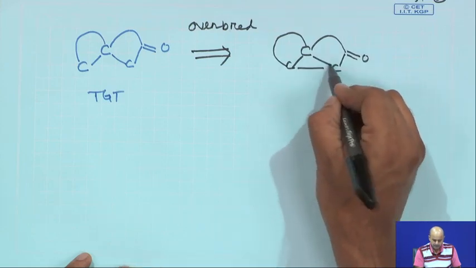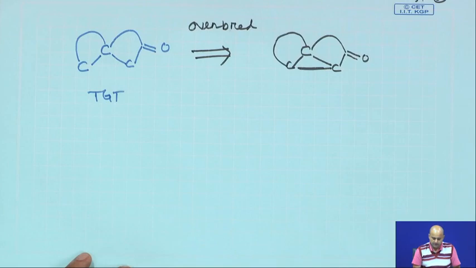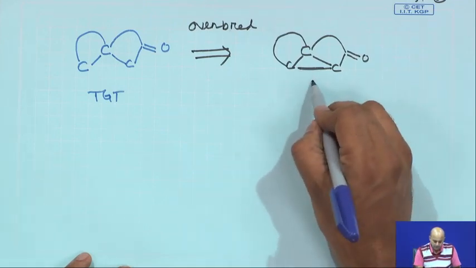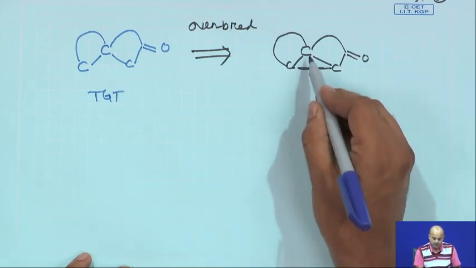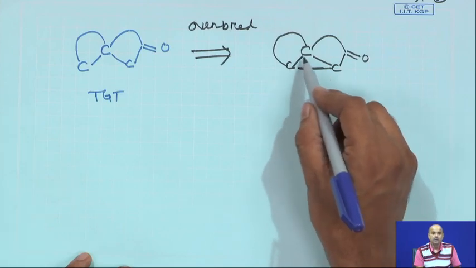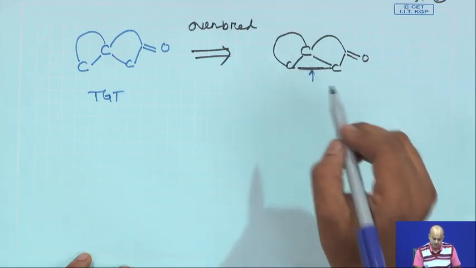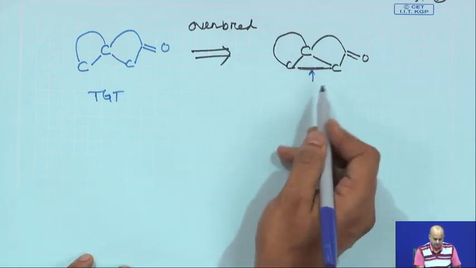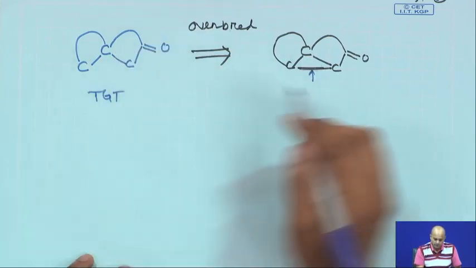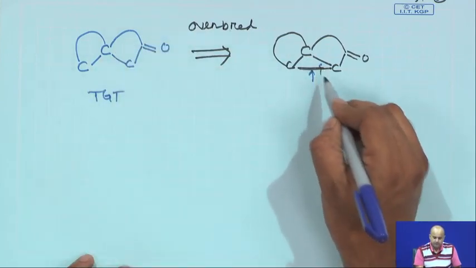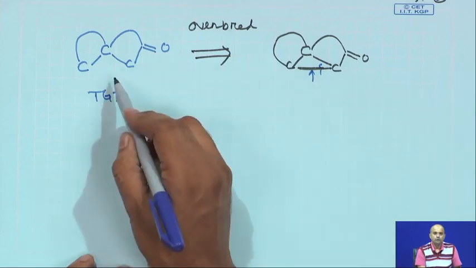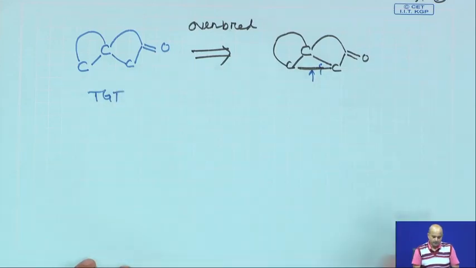This and this. So, you basically make the new sigma bond here through this cyclopropane or carbocyclic strained intermediate. So, this is your overbred. Now, in the forward pathway you clip this cyclopropane ring to get your target molecule.